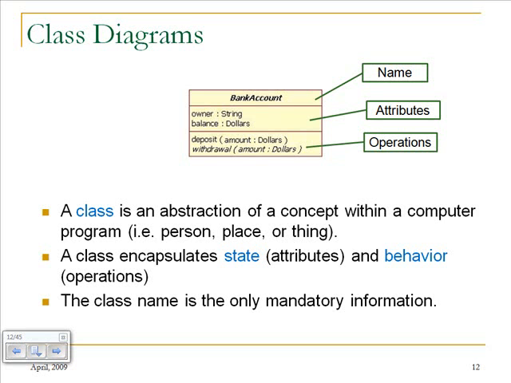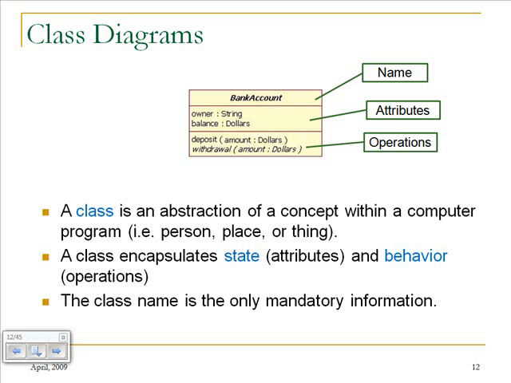And then we also need to have operations, which we call methods in object-oriented language. You can call them functions. So each class is going to have operations or methods. For example, a bank account can have a method called deposit, which is going to take in some amount, which is dollars.